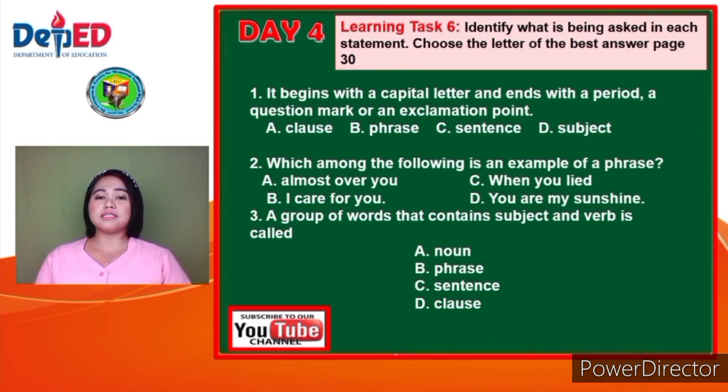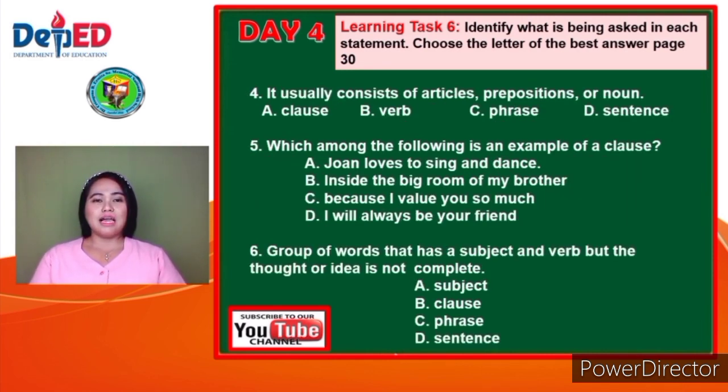Number 3. A group of words that contains subject and verb is called A. Noun. B. Phrase. C. Sentence. Or D. Clause. 4. It usually consists of articles, prepositions, or noun. A. Clause. B. Verb.